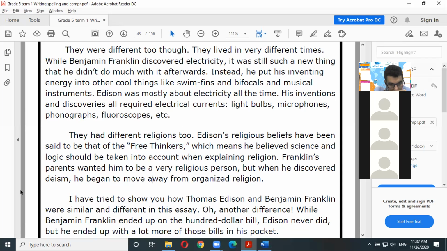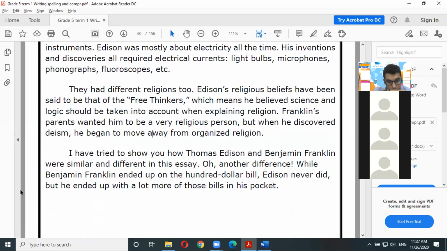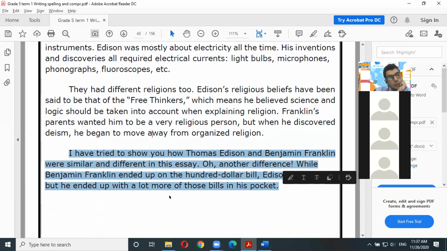Abdurrahman, hello. Can you please read this one? I have tried to show you how Thomas Edison and Benjamin Franklin were similar and different in this essay. Another difference: while Benjamin Franklin ended up on the $100 bill, Edison never did, but he ended up with a lot more of those bills in his pocket.